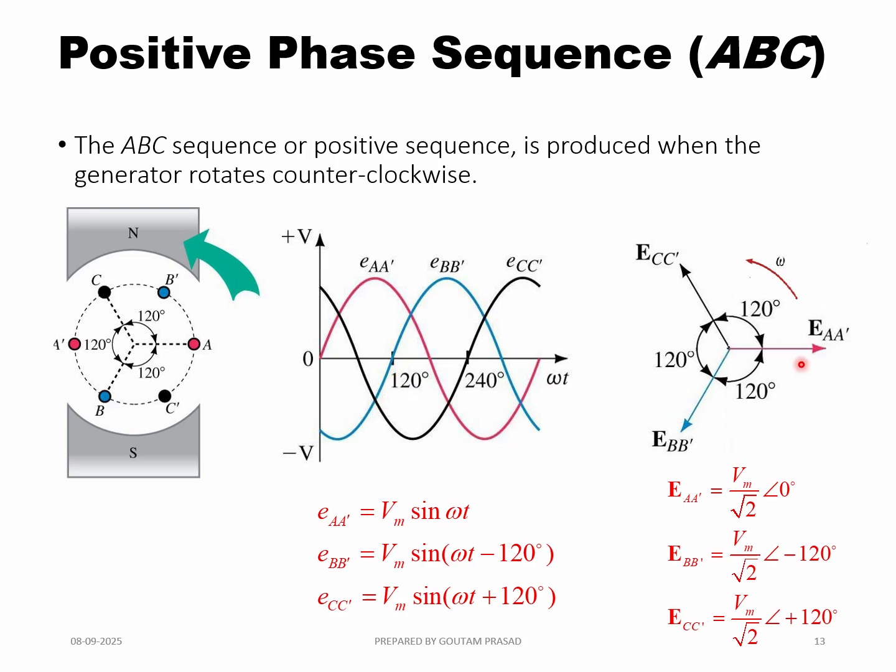So here also A, B, and C, they are rotating in opposite direction. So if you rotate it, you will get A's peak first and then followed by B's and followed by C's. So the magnitude of the phasor keeps on changing.